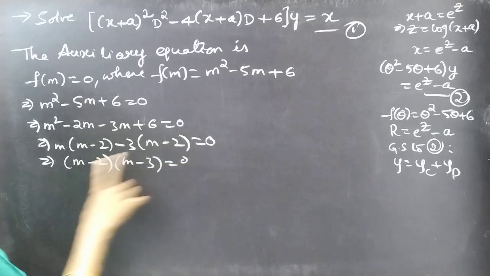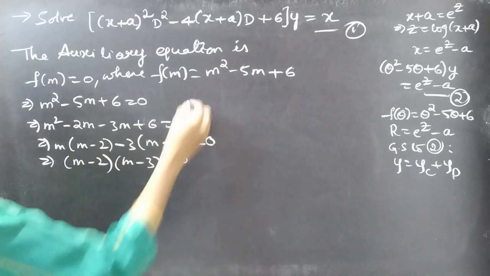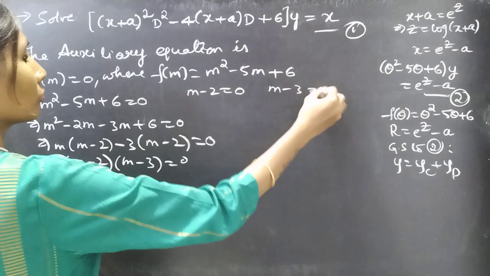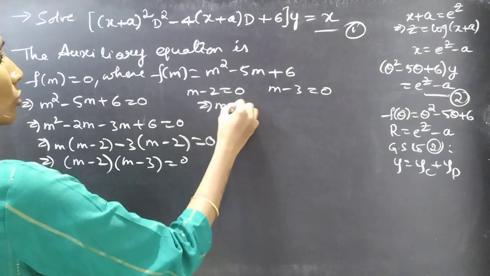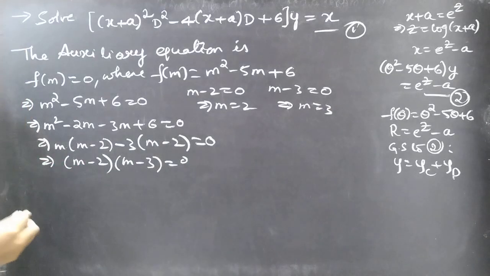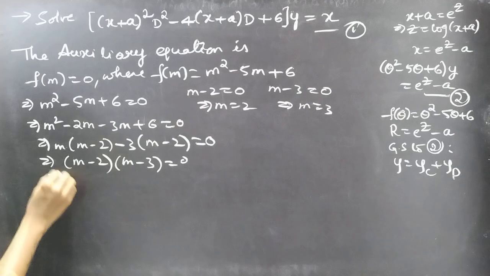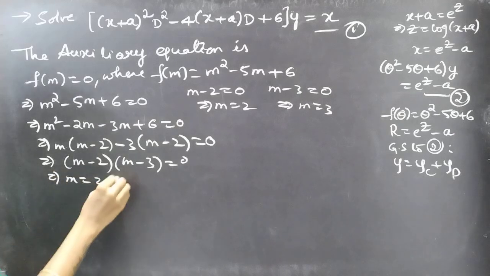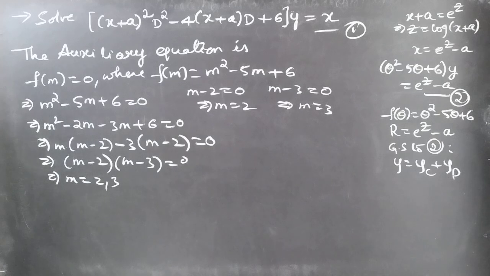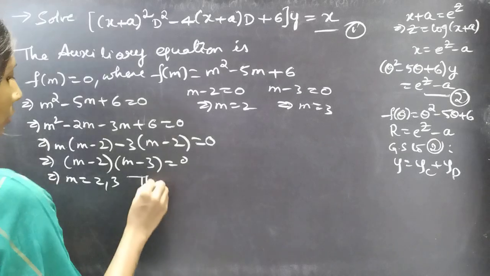Now equate each factor to 0. m minus 2 equal to 0, m minus 3 equal to 0. This gives us m equal to 2, m equal to 3. Right? Then m equal to 2, 3 are the roots to this auxiliary equation. So the roots are real and distinct.